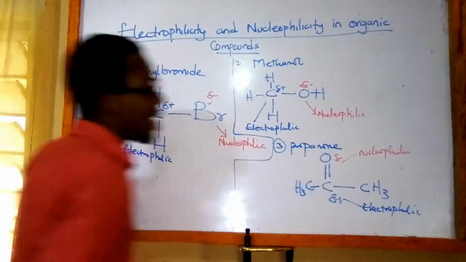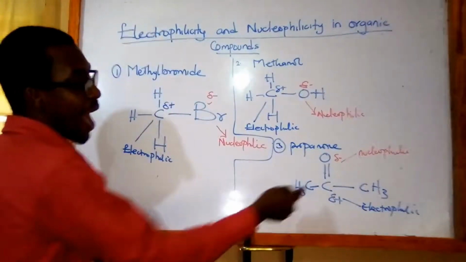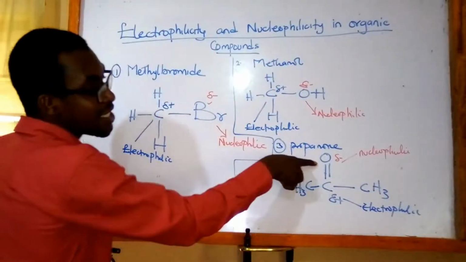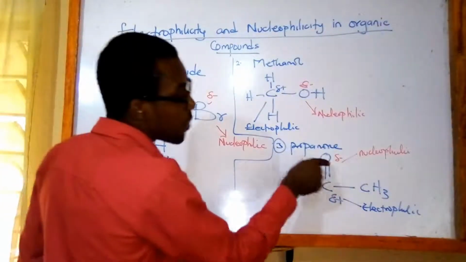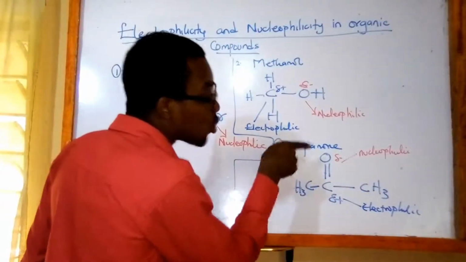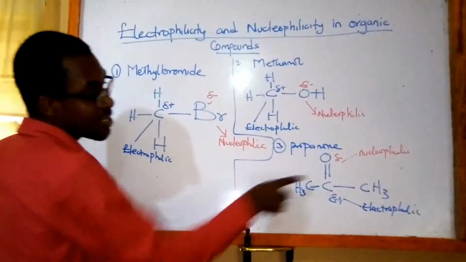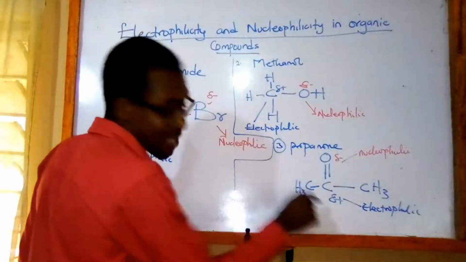And remember that nucleophiles will always attack electron deficient centers. So it means that this nucleophilic part, oxygen, will be susceptible to electrophilic attack, while the partial positive side, that's the carbon, will be susceptible to nucleophilic attack.